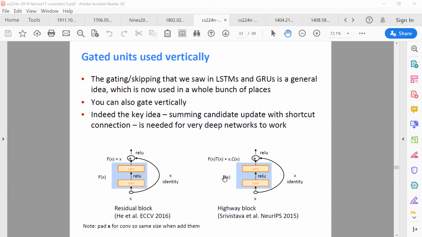The simple way to understand it is it's a combination, just like the residual block, of the input and a transformed version of the input. The residual block just simply combines f of x and x, and this introduces another variable that you can tune as to how you combine f of x and x, and t of x and c of x are computed. And as I said, the BIDAF discussion has a better explanation of that.